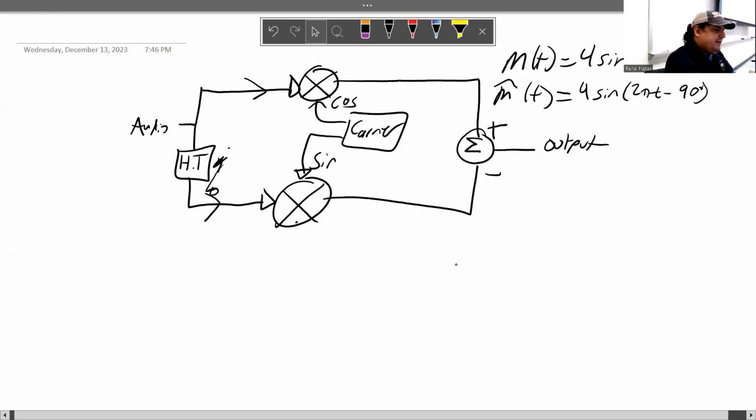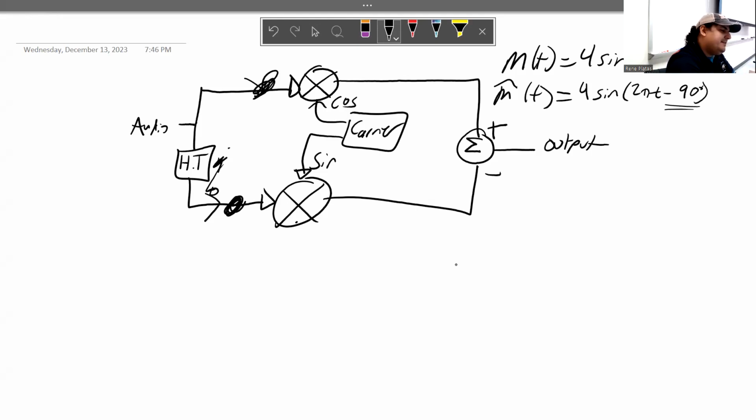So this right here is the normal signal. Over here, it's the same signal, but shifted 90 degrees. Now you have to multiply the cosine to this signal, and multiply the sine carrier signal to this signal, all right?